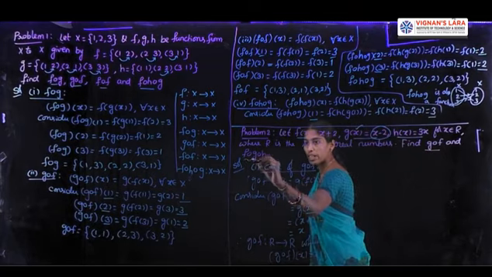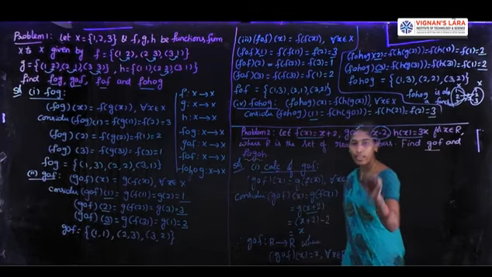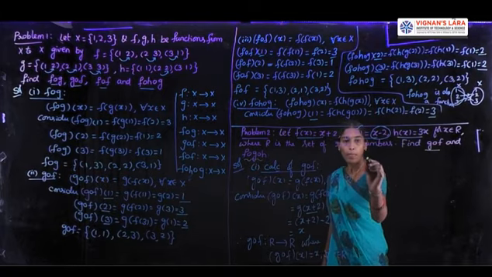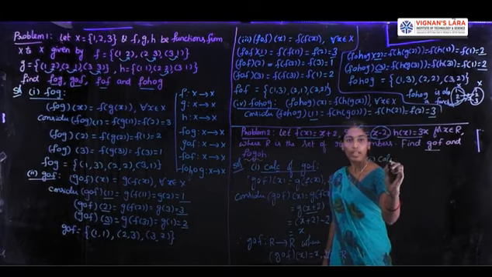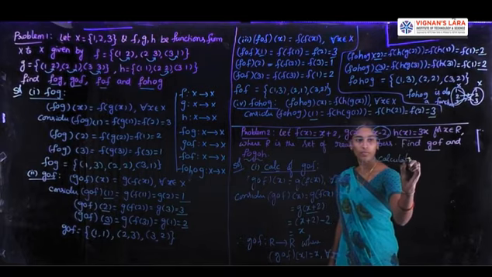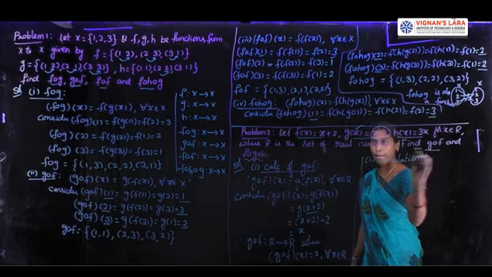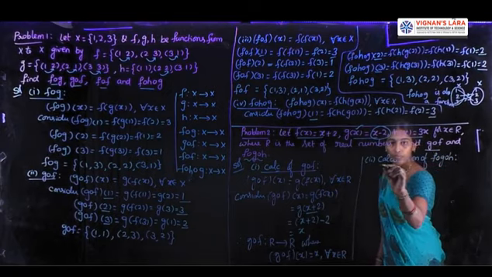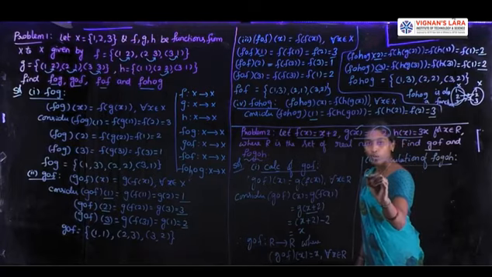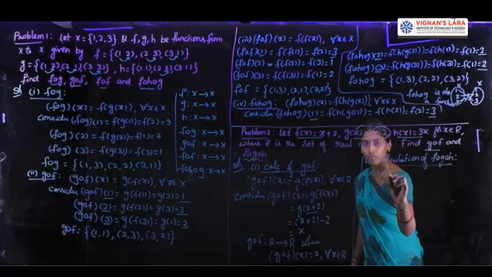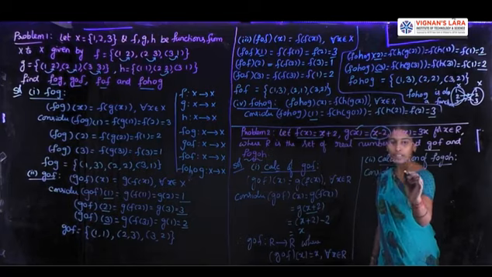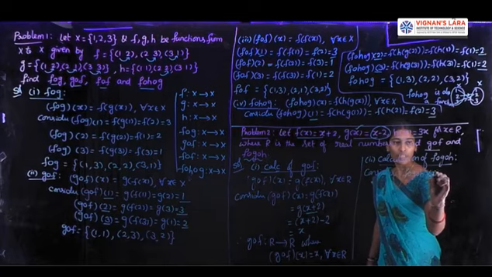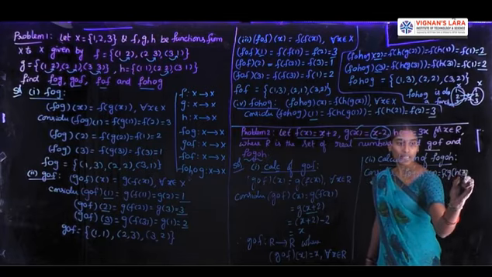Next, coming to the second part, which is F circle G circle H. Now, we will see the calculation of F circle G circle H. Consider F circle G circle H of x, which is defined as f of g of h of x.